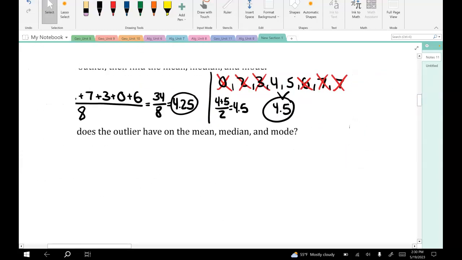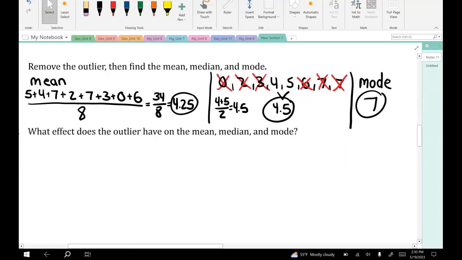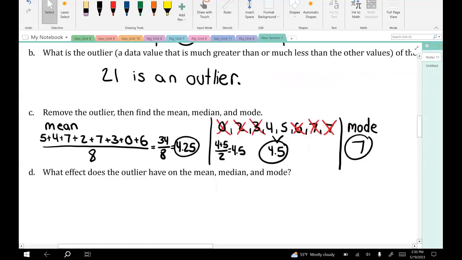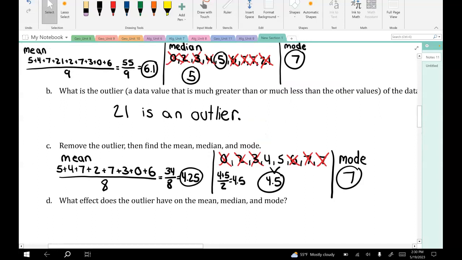So in our last question, what effect does the outlier have on the mean, median, and mode? We're just going to answer this in one sentence. Comparing our 2 values from question A and question C, our first mean with the outlier was 6.1. When we take the outlier out, our mean drops all the way down to 4.25. Our median drops down by half, but our mode stays the same.